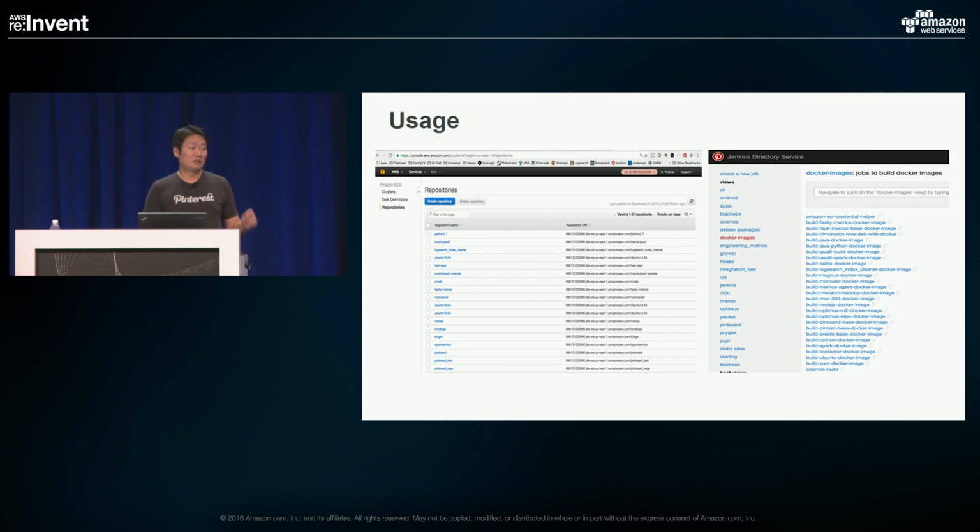Even if you give a git commit ID as a tag for the image, it can still be overridden by someone who doesn't know. And we have our internal Git repo integration with Jenkins. So a developer's commit or pull request can trigger a Jenkins job in a continuous integration way. It works pretty well.